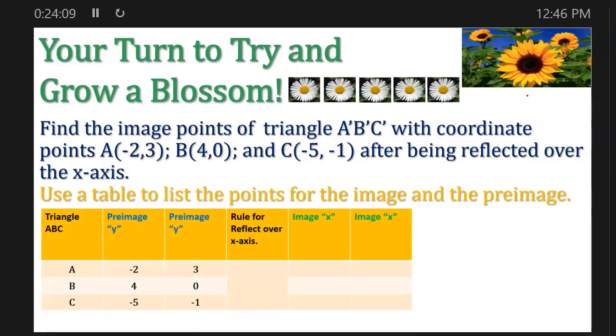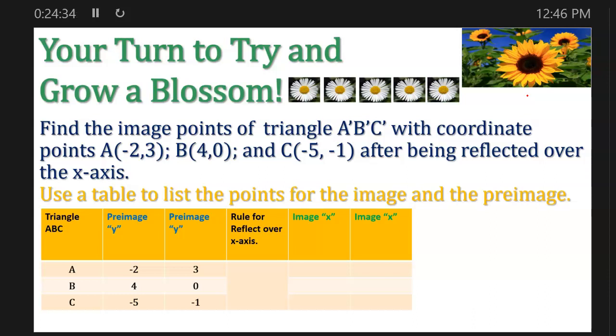I have listed the original points for the pre-image for you, and now you're just going to try to list the rule and what happened to it. Did it reflect over the y-axis, or excuse me, it's asking you to reflect it over the x-axis. So you need to write the rule for that and then the new points. I'm going to count to 3, so go ahead and pause.